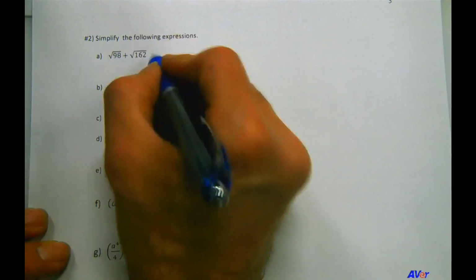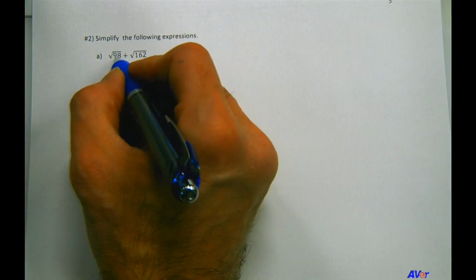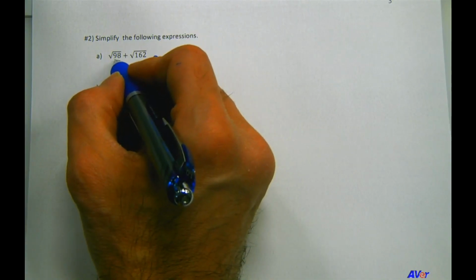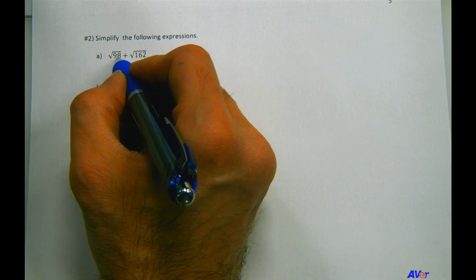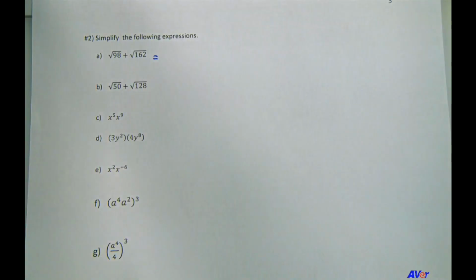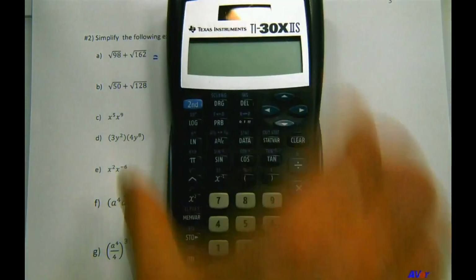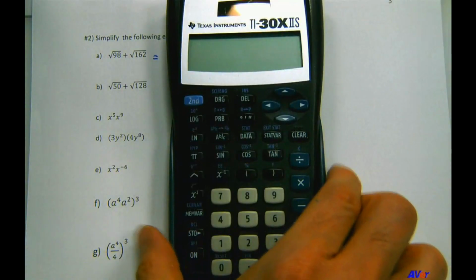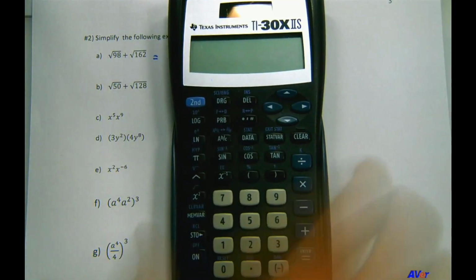Okay? So let's see. 98, so what can we have that has a squared factor? So 98 divided by 4. Let me see if that will work. Because if it does, then 2 squared is a squared term.